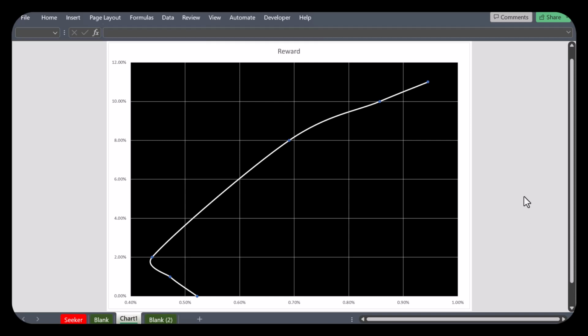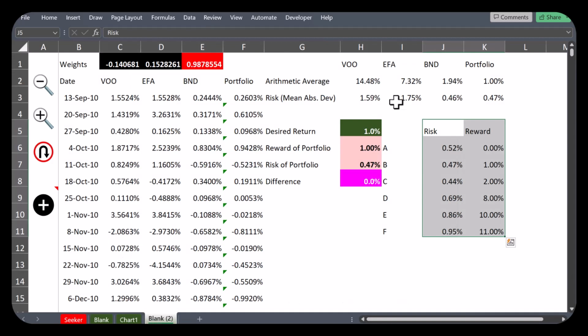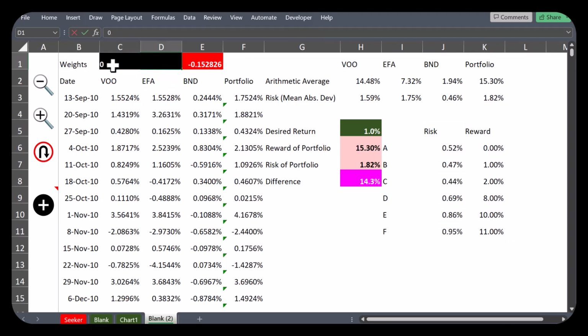In fact, investing only in the S&P 500, that's going to be inefficient. Why? Let's see. If I did the weights as 100, it has a higher reward, 1448, but much higher risk, 159.